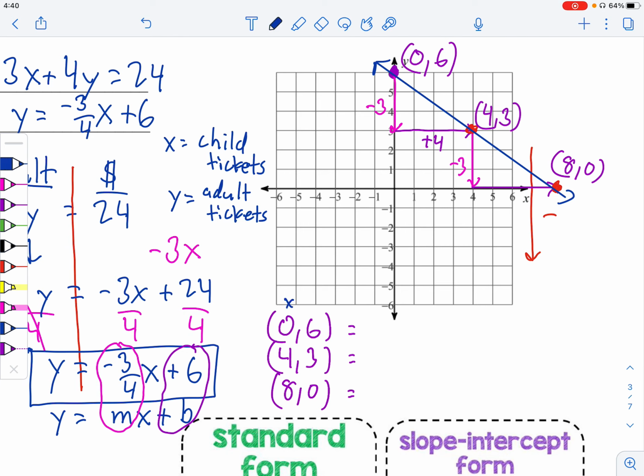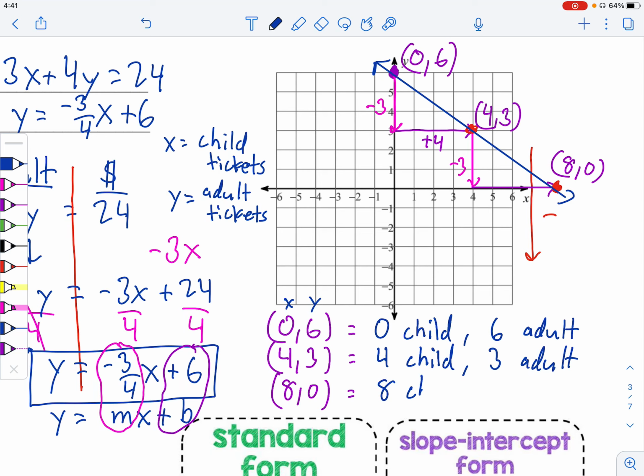So 0, 6 is 0 child, 6 adult. 4, 3 is 4 child, 3 adult. 8, 0, right? 8 child, 0 adult.